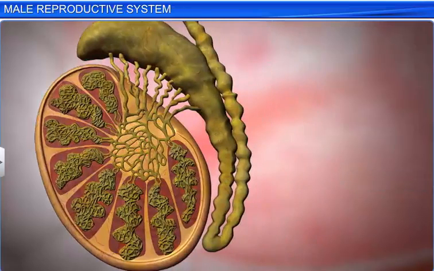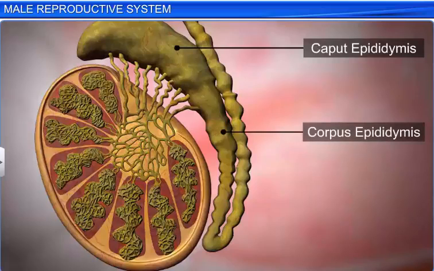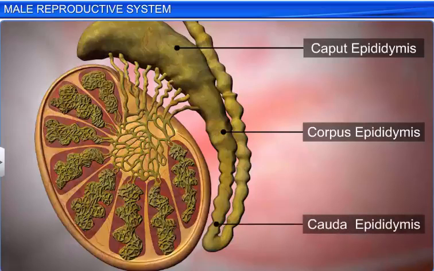It is divided into 3 parts: anterior, caput epididymis; middle, corpus epididymis; and posterior, cauda epididymis. The epididymis stores the sperms temporarily and nourishes them.